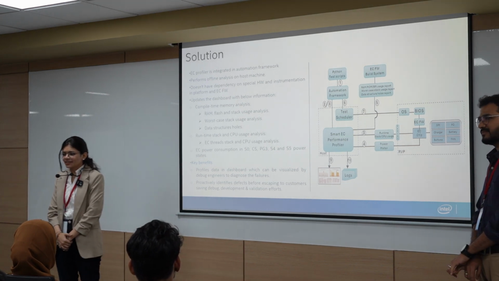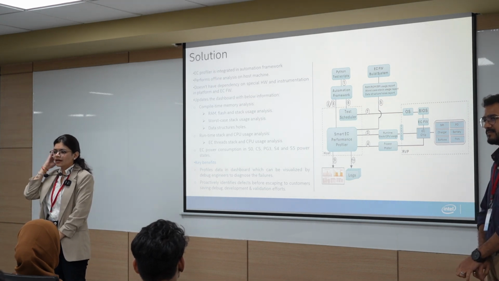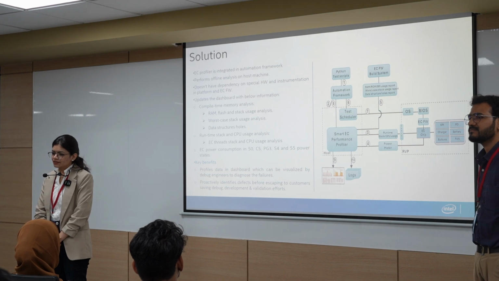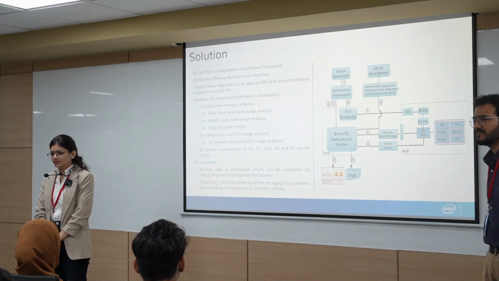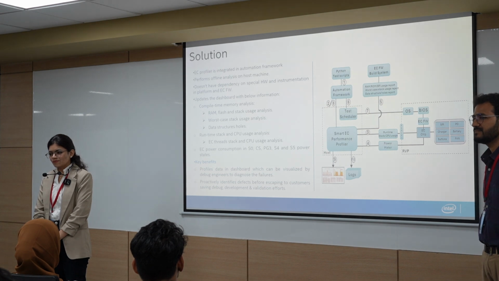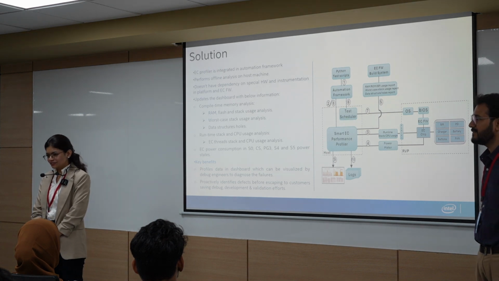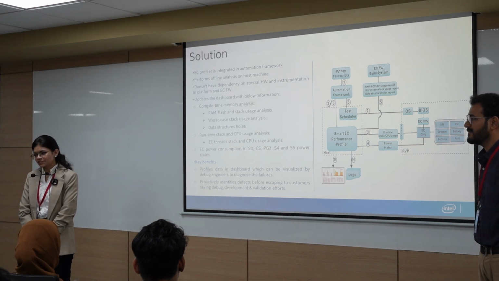Suppose the use cases grow on the EC side. Let's say today we have 5 or 6, but tomorrow something else gets added, more on the EC side. How is that taken care of? Is it all scalable from the profiler, or do we have to develop some additional changes? We already thought of this, so that's why we made our source code configurable.